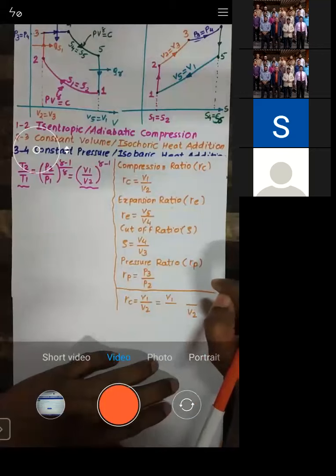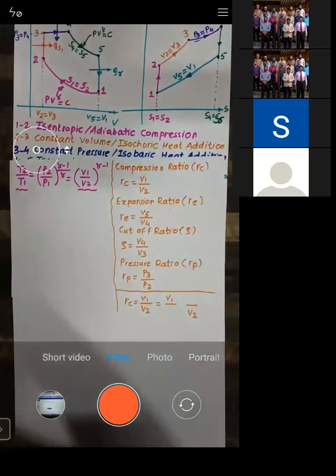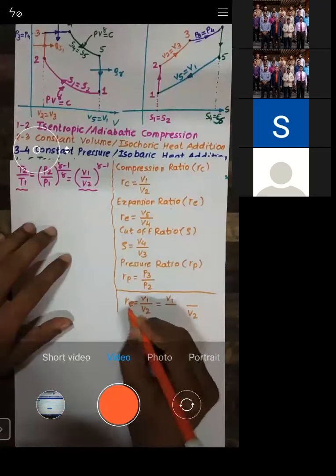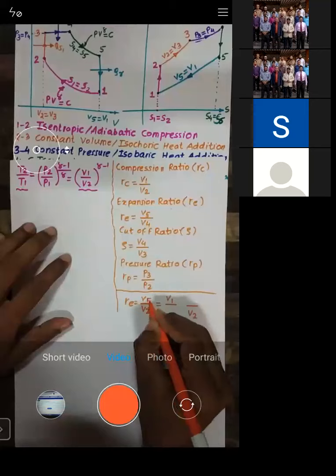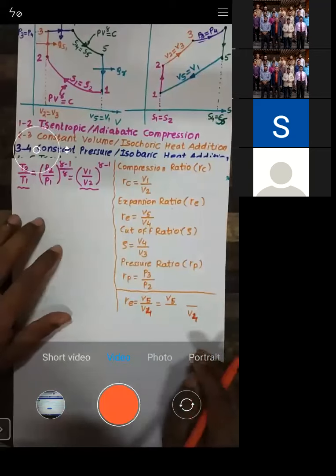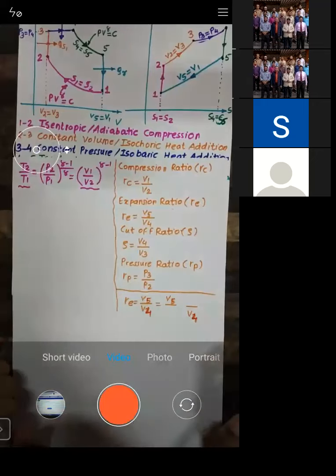Otherwise, let us do it for RE. RE is given by V5 by V4. Let's say this is V5, this is V4. So let us do it in the form of RE. RE is the ratio V5 by V4, right?